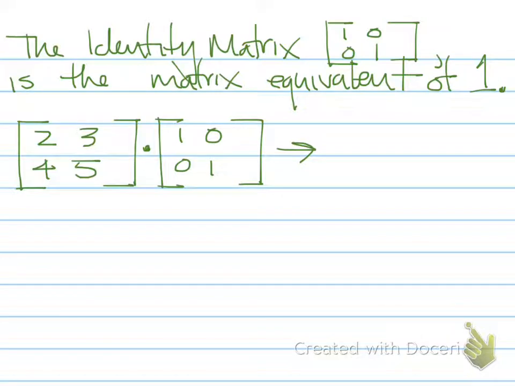As you can see here, if we multiply the matrix 2, 3, 4, 5 by the identity matrix, when we apply the steps for multiplying matrices, we will get the following matrix, 2, 3, 4, 5. So the identity matrix is the equivalent of 1. When you multiply a matrix by the identity matrix, your result is the original matrix that you started off with.